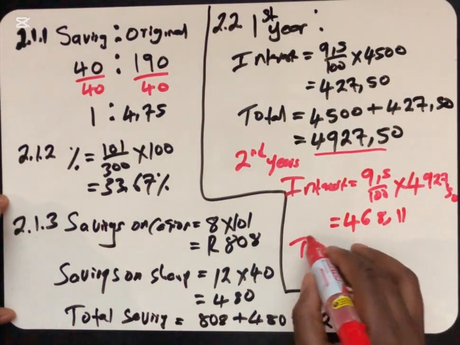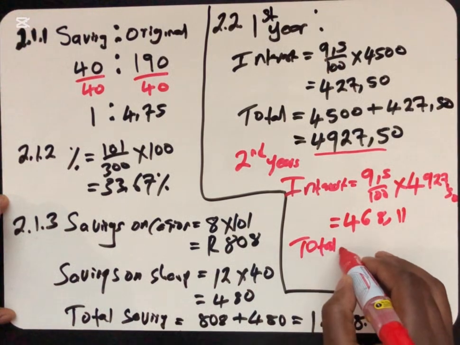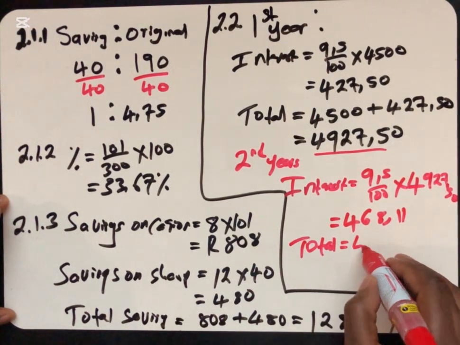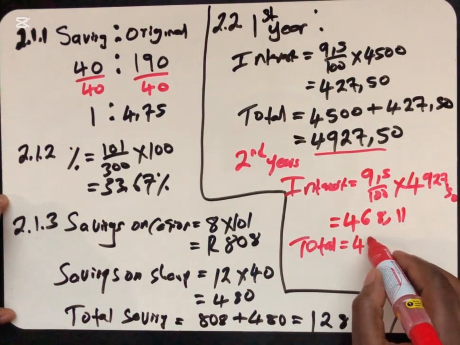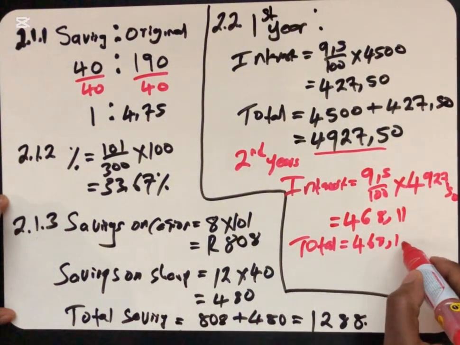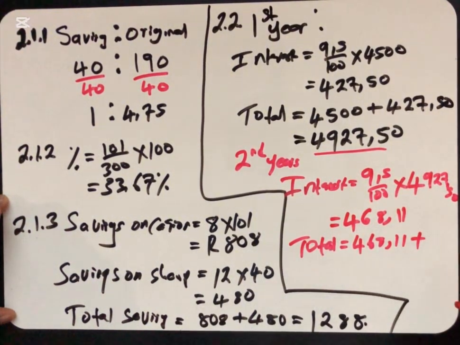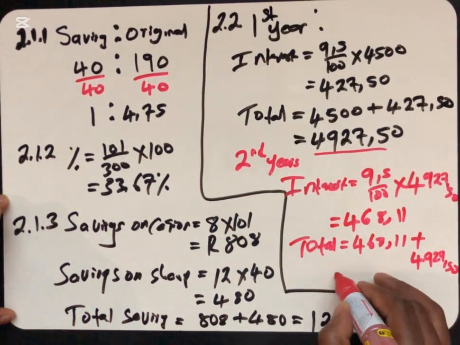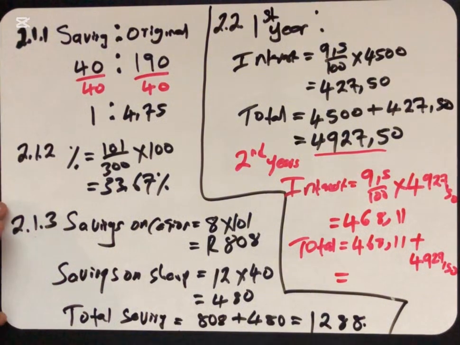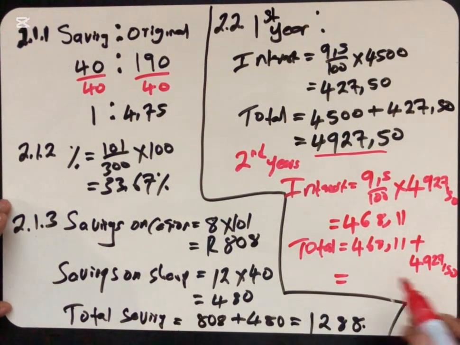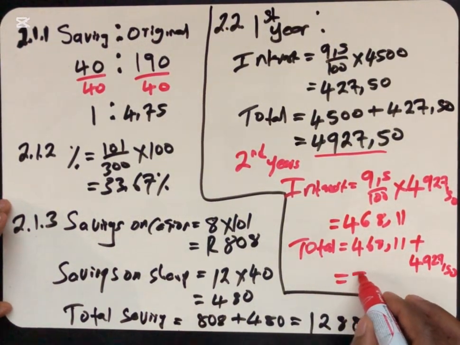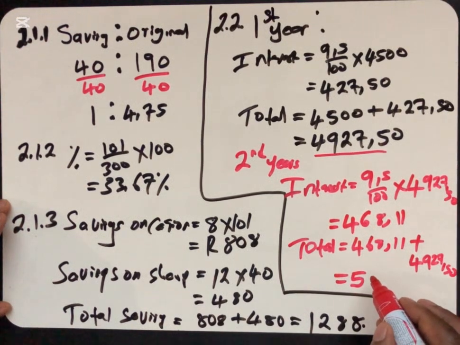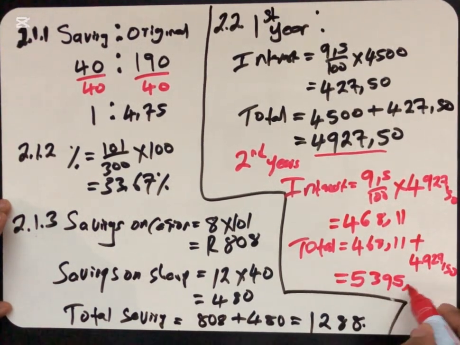But the total amount of the second year is going to be the interest received, which is 468.11, plus the accumulated amount of 4,927.50. So at the end of the second year, the combination of the two is going to be 5,395 using a calculator.